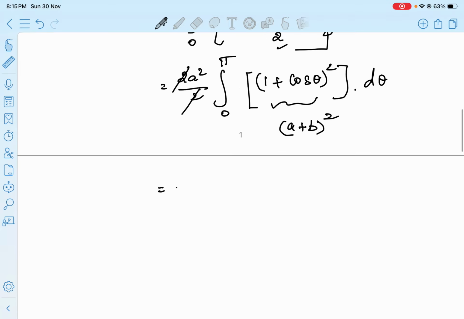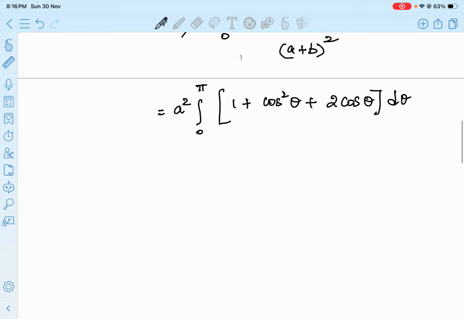So that a square integral 0 to pi, I am going to write it as 1 plus cos square theta plus 2 cos theta, which is 2ab into d theta, equal to a square integral 0 to pi. We are going to integrate this.